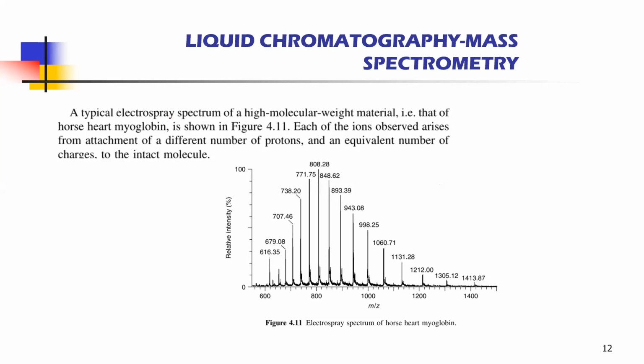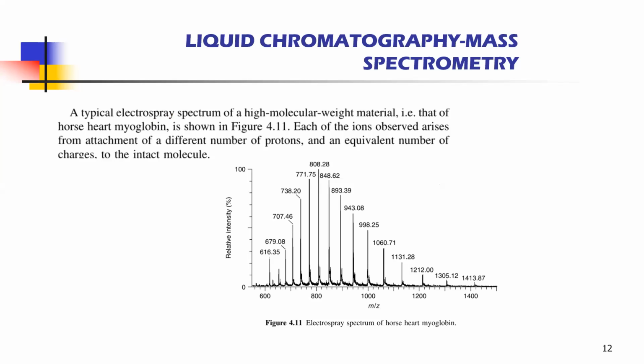So this is the electrospray spectrum of horse heart myoglobin shown here. This shows us how the representation of the spectra is done. All this is related to biomolecule study, or the application of electrospray spectrum for large molecular weight compounds.